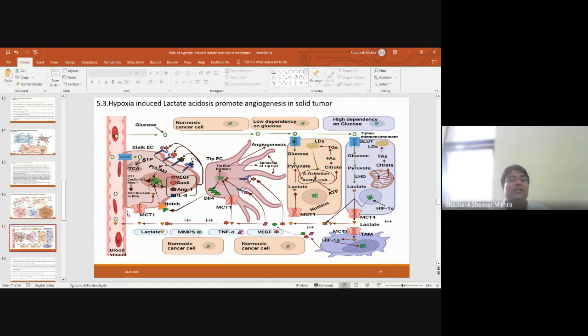endothelial cells become stalk endothelial cells. In the stalk endothelial cells, lactate enters through the MCT1 receptor. Once it has taken entry into the stalk endothelial cells, it acts on various genes like VEGF, GAS6, ENG, IL8.